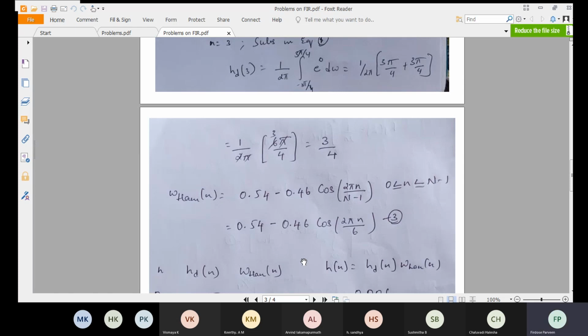This problem they've asked for 8 marks in June, July 2018.